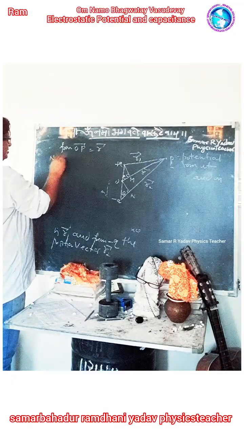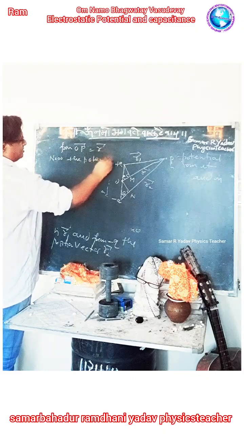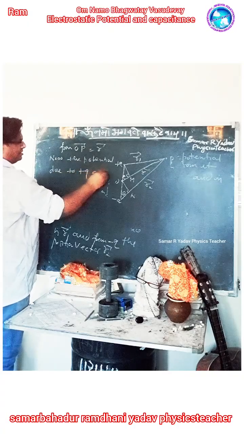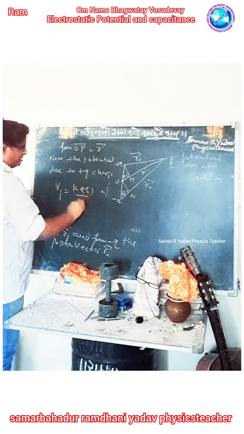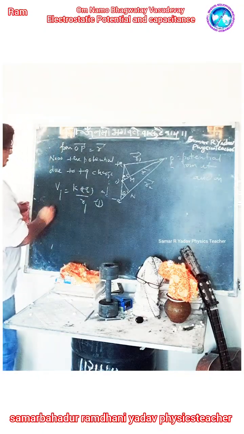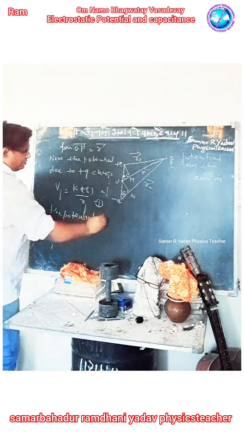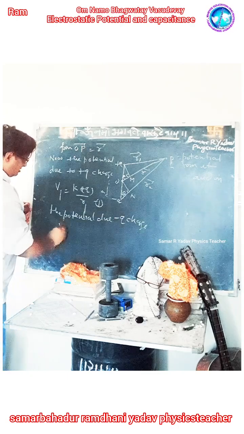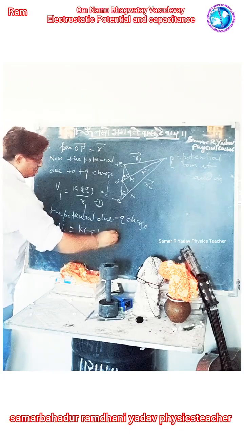Now the potential due to plus q charge, that is V1 is equal to kq upon r1, number 1. Similarly, the potential due to negative q charge, that is V2 is equal to minus kq upon r2, number 2.